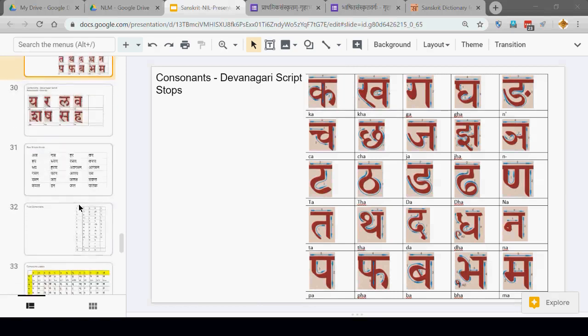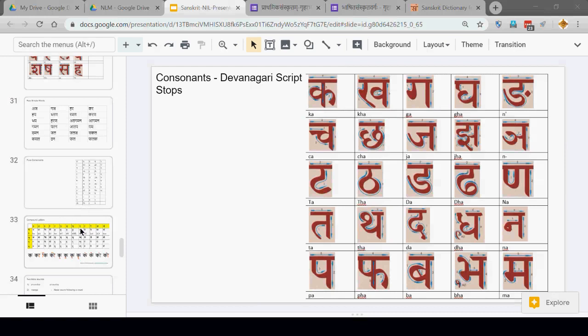And these compound consonants, how do we write them using Devanagari script? If we just use the English letters, then it is easy. Then we make a double a, then it sounds like ka.